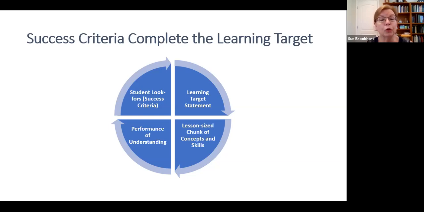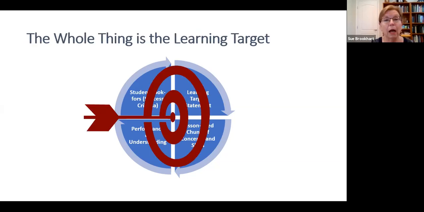There's something you make them do that is at once the vehicle of their learning and also what produces the evidence that you and they both can use formatively. And then there's this piece that we're focusing on today, that students need to be very clear about what they're looking for. And the whole thing is the learning target.